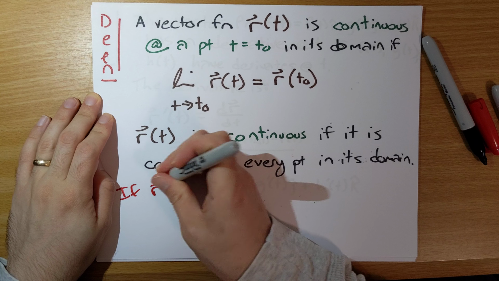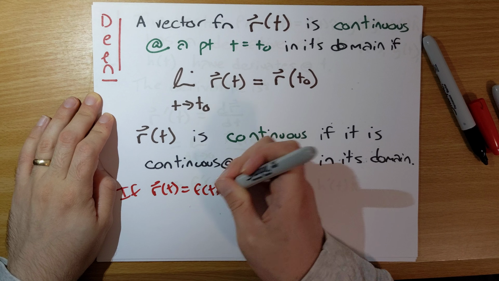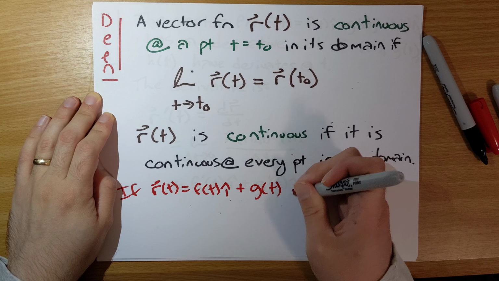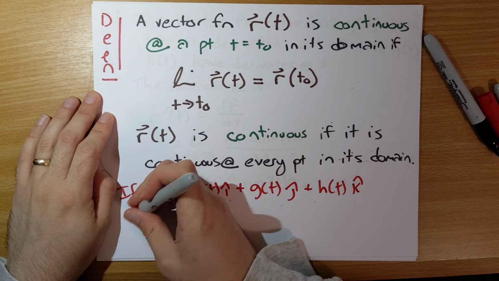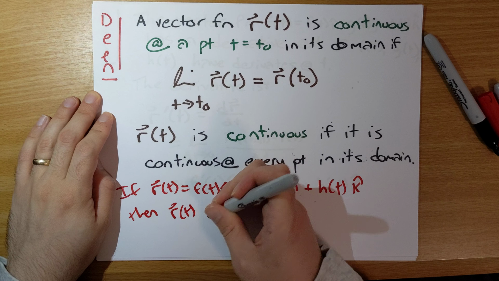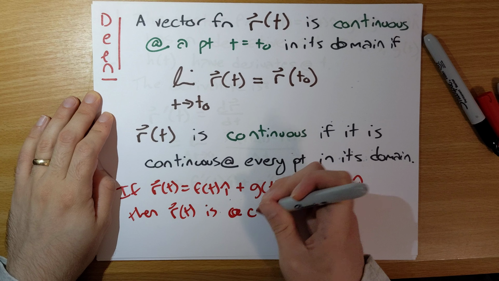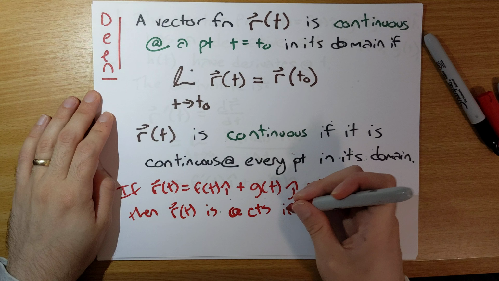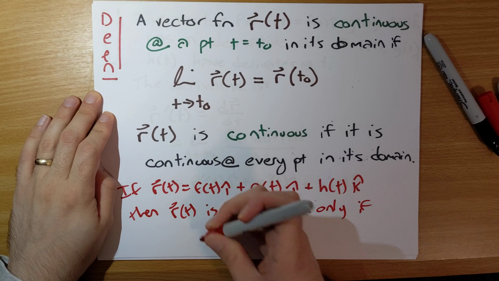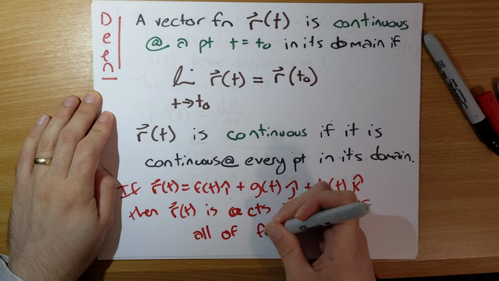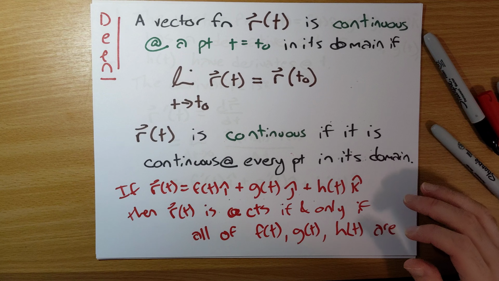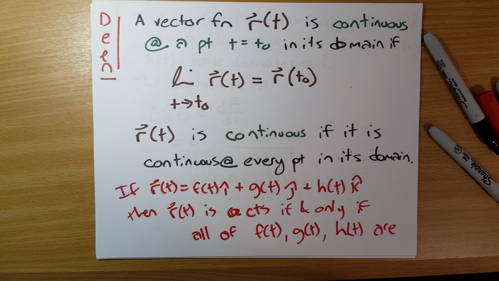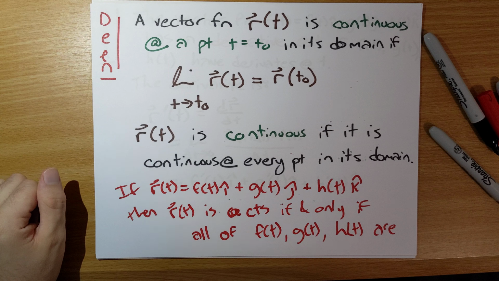If we write r of t is equal to f of t i hat plus g of t j hat plus h of t k hat, then r of t is continuous if and only if all of f of t, g of t, h of t are. So if you can do continuity for scalar-valued functions in Calculus 1, you can do continuity of vector-valued functions.